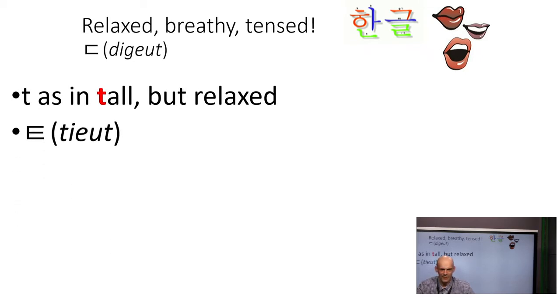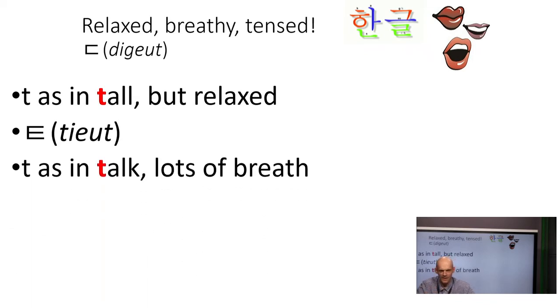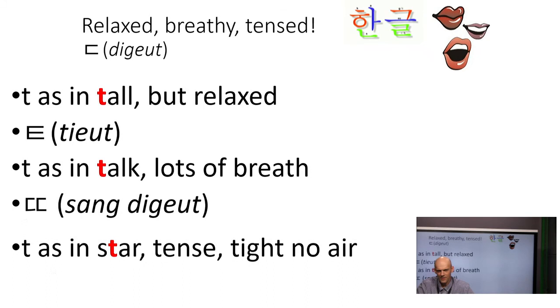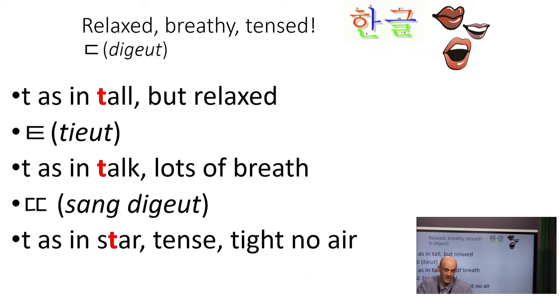And then we have the breathy sound, t. Get some air there, t, as in talk. And ssangdigeut. So this is the tensed sound, as like you're saying da, da, but not with the air that you get with t.